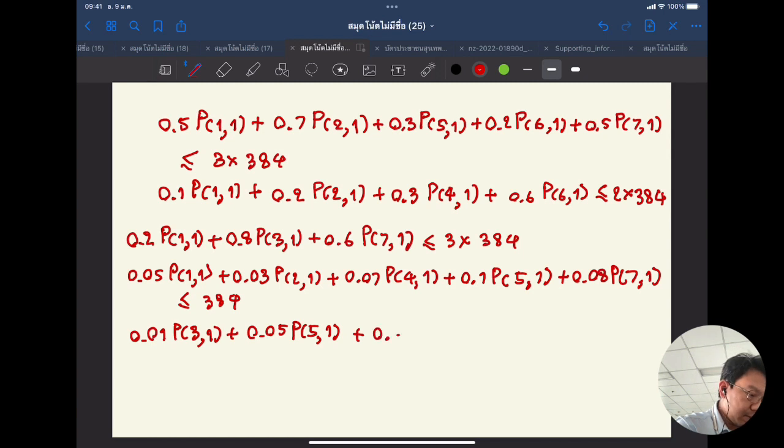We need 0.05 for product 7. And this must be smaller than 384. Okay? And this is the availability of all machines required for each product.